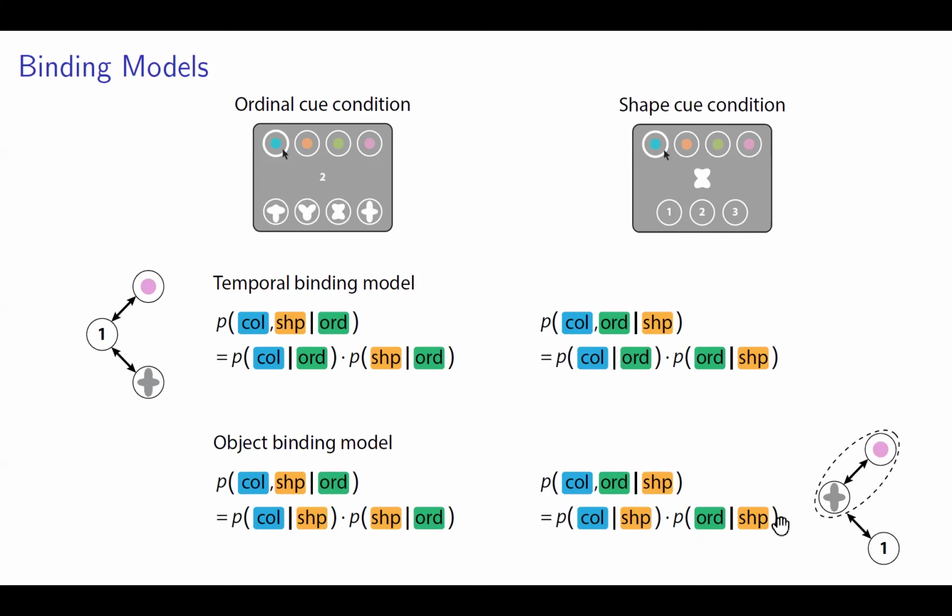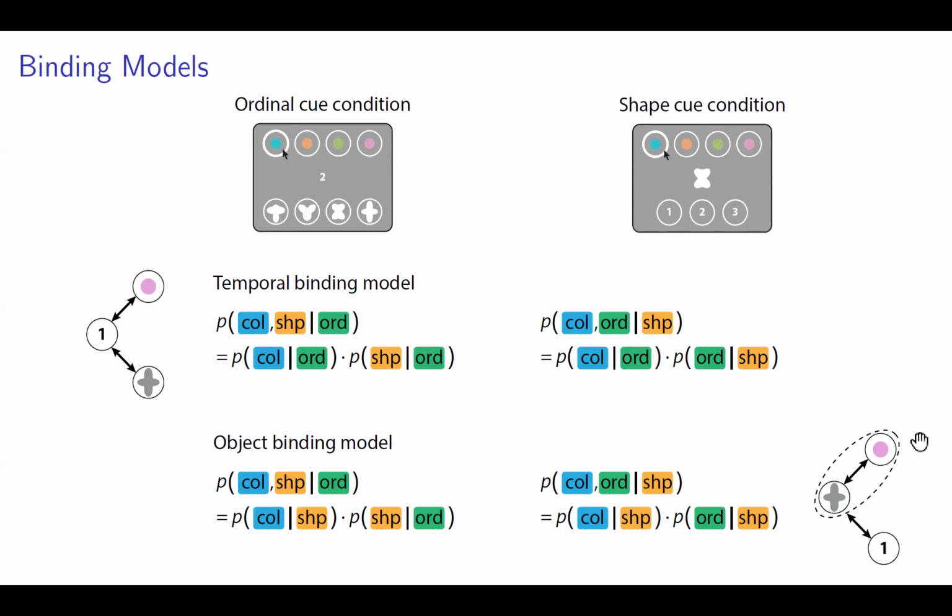As an alternative, we implemented this object binding model. It is, to be honest, a bit ambiguous. In general, I think the problem is that these object-based accounts are not very well formalized. So what we did is just invert this model, assuming that if participants are queued with a shape, they should make response errors independently, since they don't rely on the ordinal position to get the color.